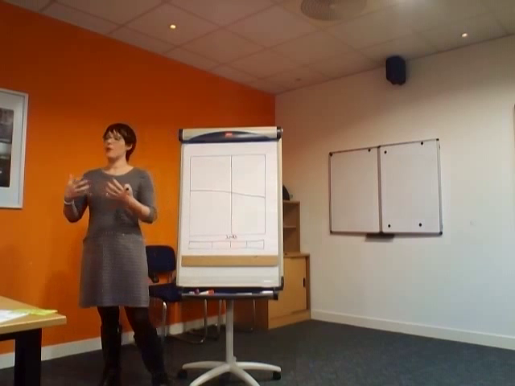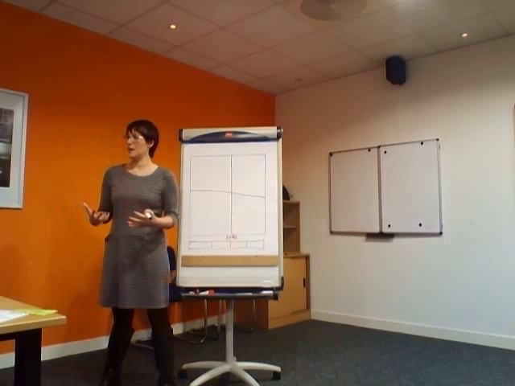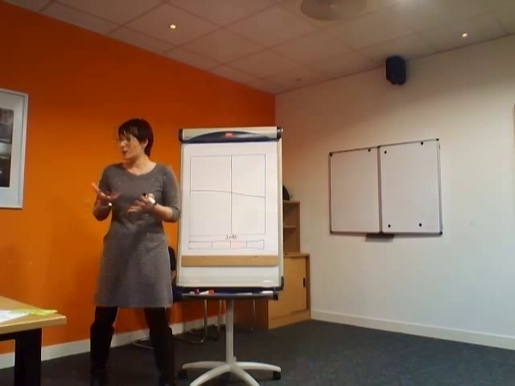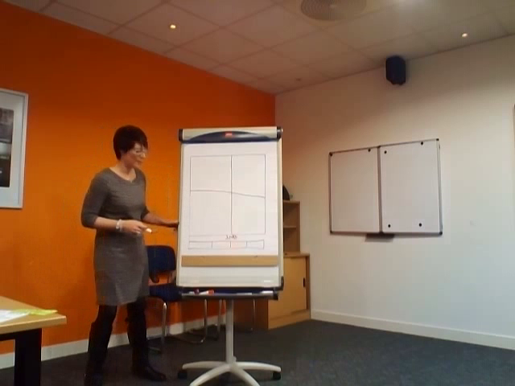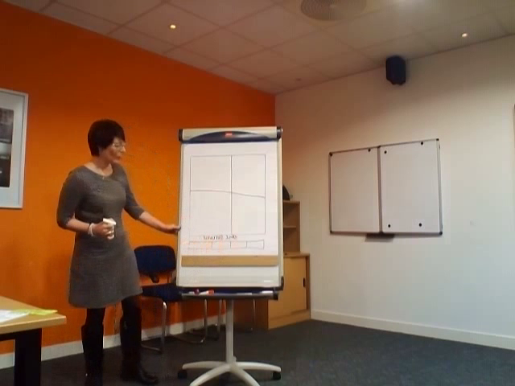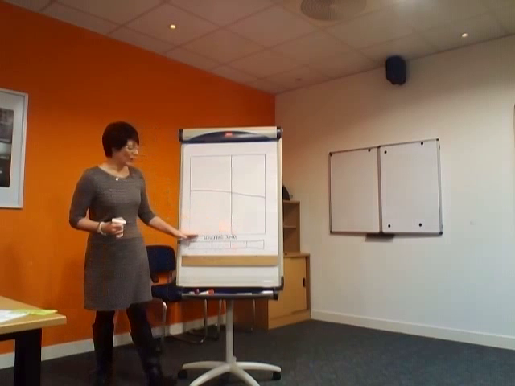So to give an example, high level of task behaviour is all about how much information that person needs to perform a particular task. So how much detail do they need? And I'll give you an example of that in just a moment. So that is task behaviour. Okay. So that's on our horizontal.